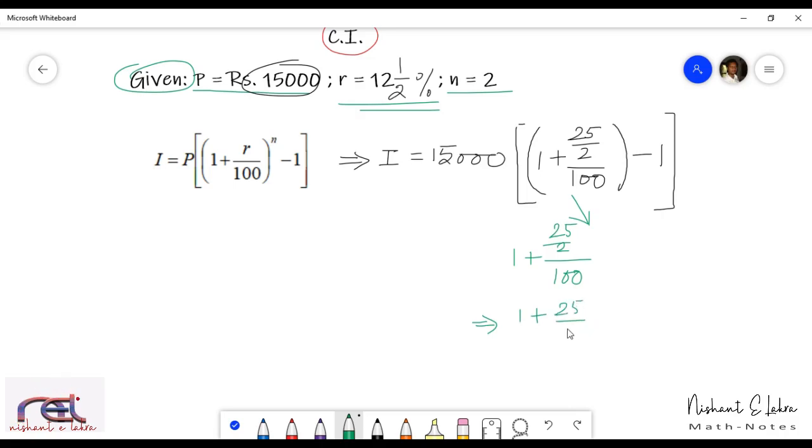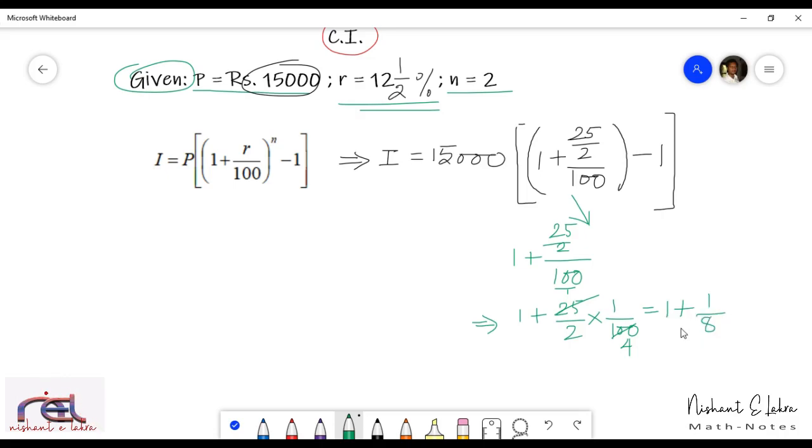What we will do to the denominator, we will take its reciprocal. By default the denominator of 100 is 1. So when we take the reciprocal, we are converting division to multiplication. So we got 1 by 100. We'll cancel this. 25 fours are 100, and after we simplify it further, we will get 1 plus 1 by 8.